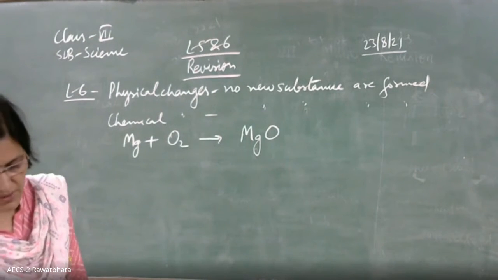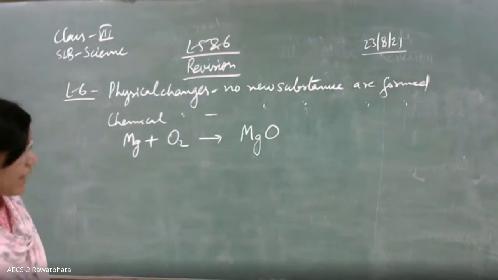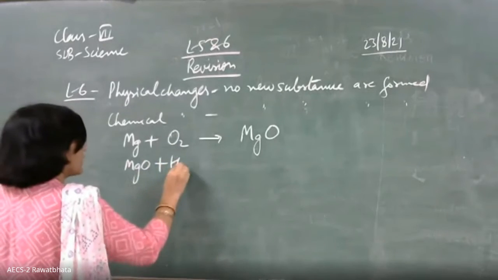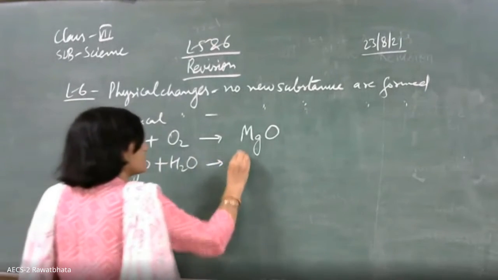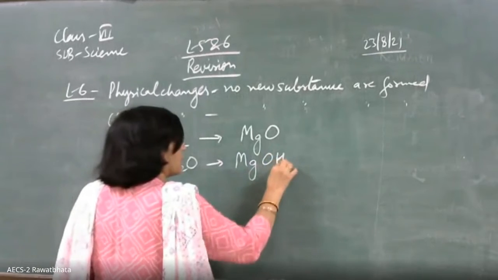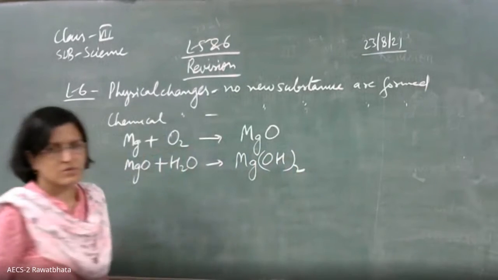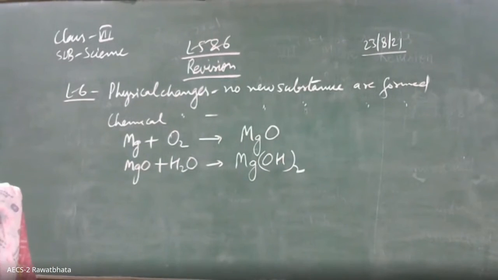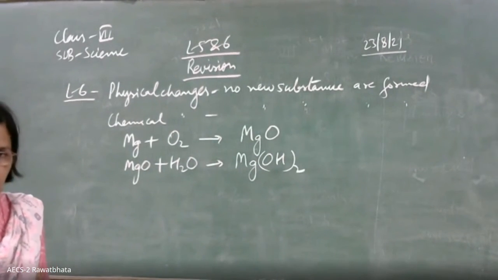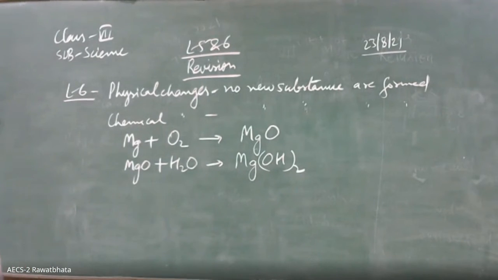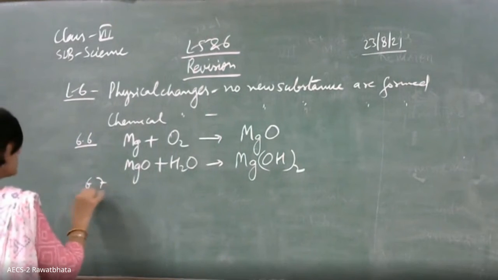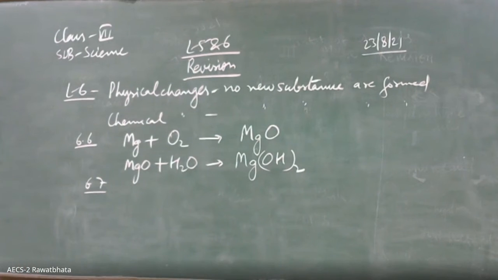Magnesium plus oxygen gives magnesium oxide, and this magnesium oxide dissolves in water and forms magnesium hydroxide. This is given under activity number 6.6. Now I am writing for activity number 6.7.